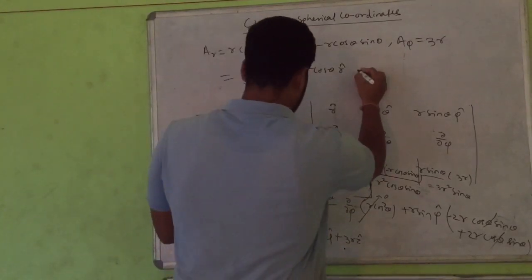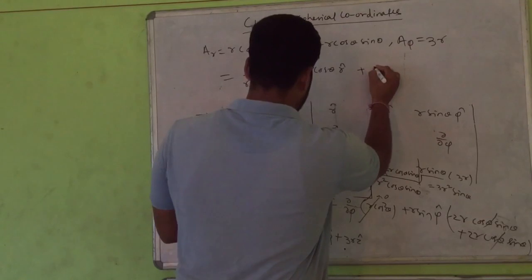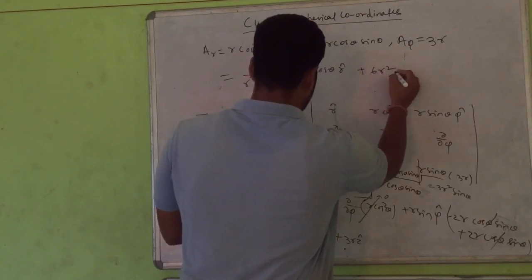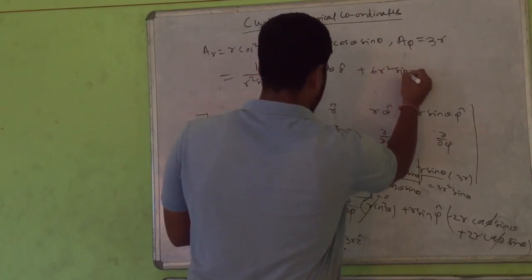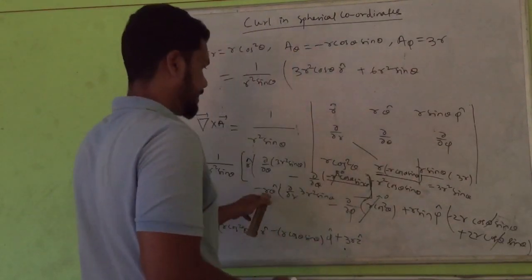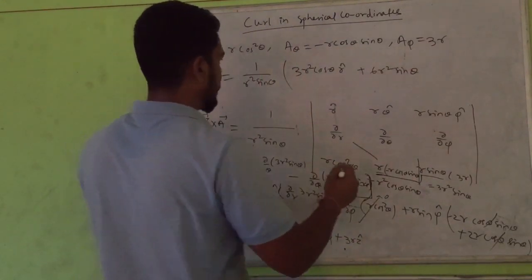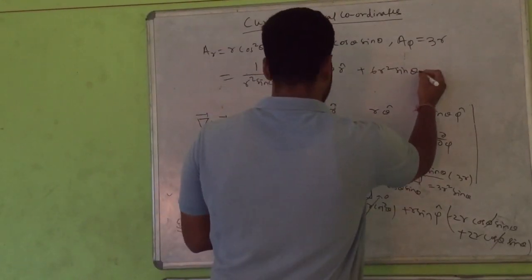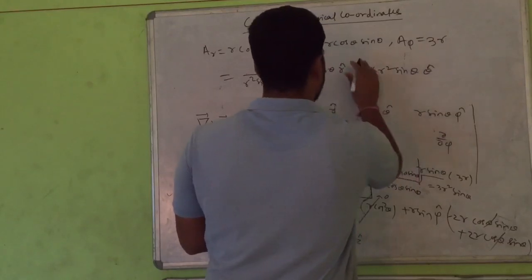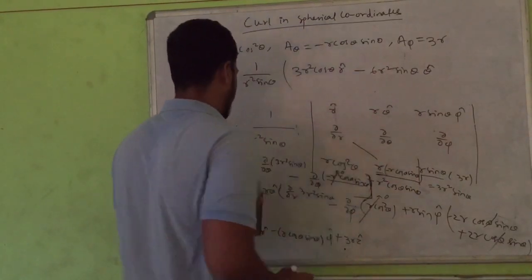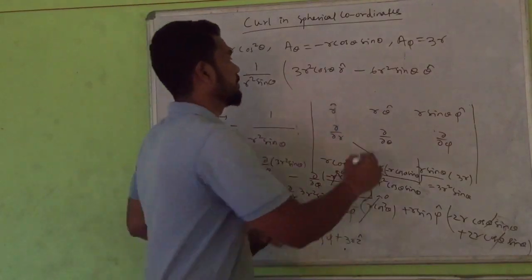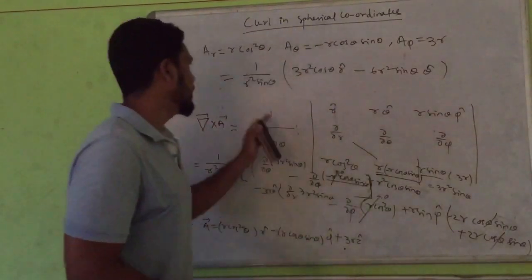So this will result to 6r square sin theta theta cap, and this is minus 6r square. This minus will be here minus 6r square sin theta theta cap.